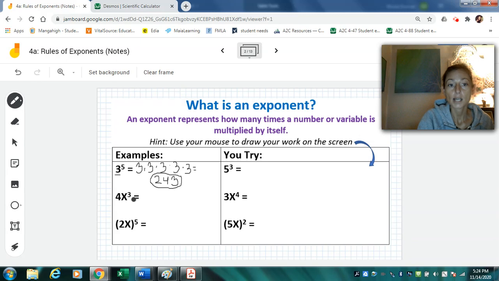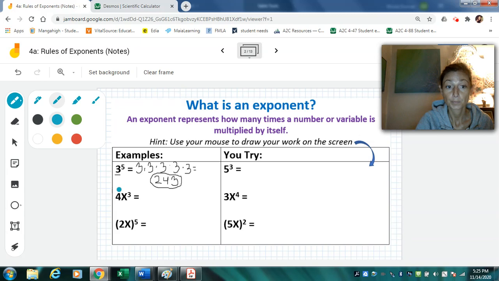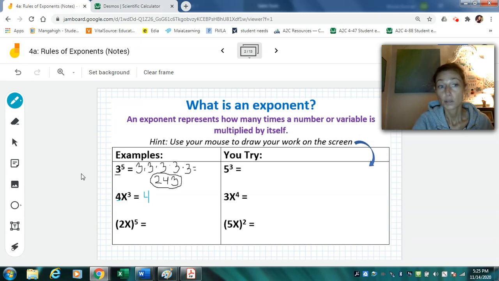We also see that with variables as well. So 4x cubed, keep in mind the 3 is just on the x. So what that means is that we have a 4 but then that 4 gets multiplied by x 3 times.